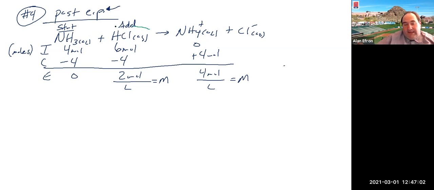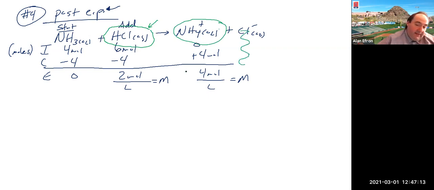Looking at what we have left at this point, we have some HCl, we have some ammonium chloride, and we do have some of this, but I already know that's neutral, so it's not going to do anything for the pH. Hopefully you can recognize that these two things are definitely not related. The HCl is a strong acid, and this is also an acid, like we were just talking about, that will go through hydrolysis.